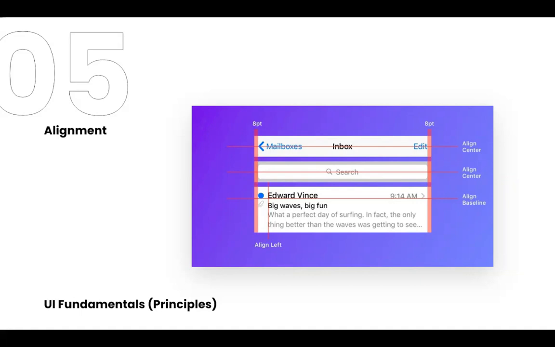The title of the email coming in and the subtitle, the name of the person sending the mail, and the time are on this even baseline. And then the text touches at the edges. So this is what we call proper alignment. It goes a very long way. There's not much to really explain about alignment.